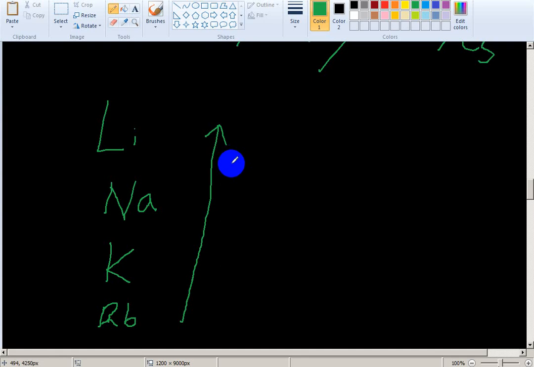Because of small size, high charge density, the attraction between charge and free electrons is so strong and they remain strongly bound. As a result, the melting point and boiling point are higher.